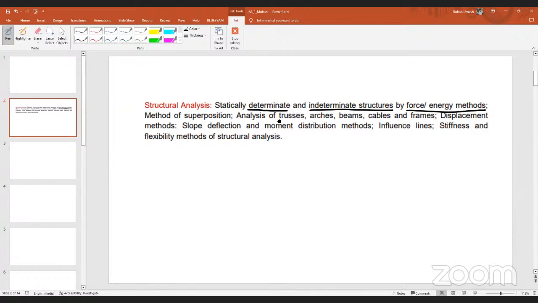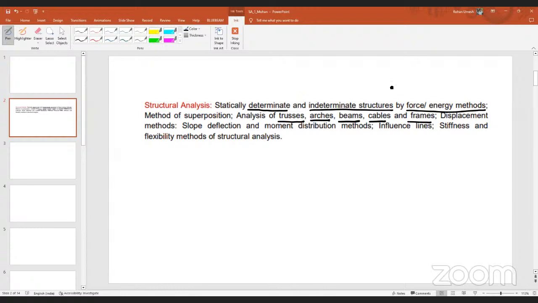So we have to study trusses, arches, beams, cables, and frames. Tell me, have you guys studied anything other than these 5 types of structures in your regular course? I don't think so, right? Trusses, arches, beams, cables, and frames.